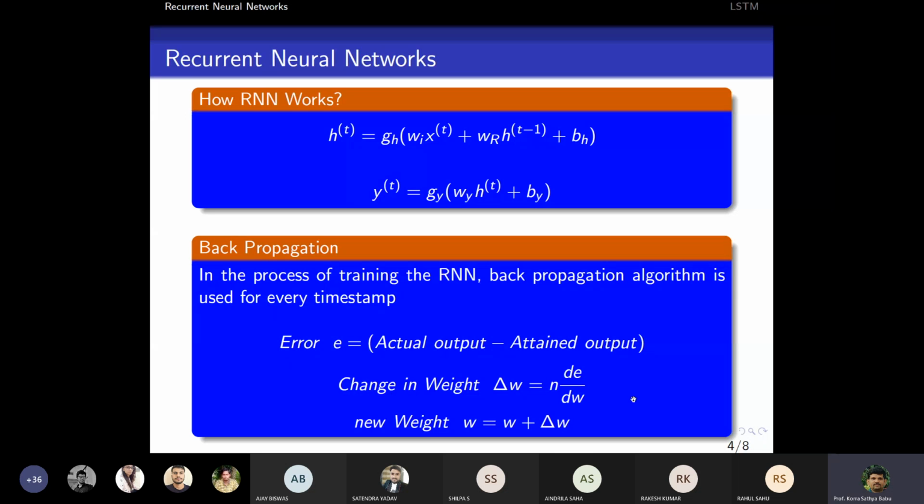E is calculated here. E is the error, please just understand that.